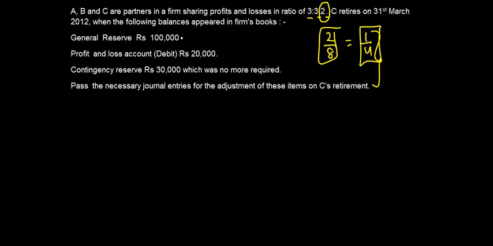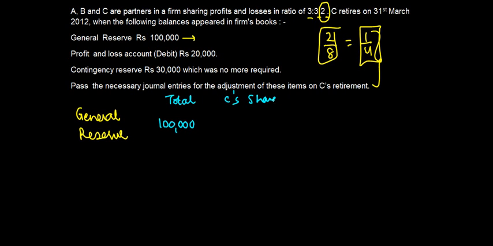So first is general reserve. The total balance is 1 lakh. C's share is 1/4 of 1 lakh, or 25,000. So what will be the entry? General reserve has a credit balance.